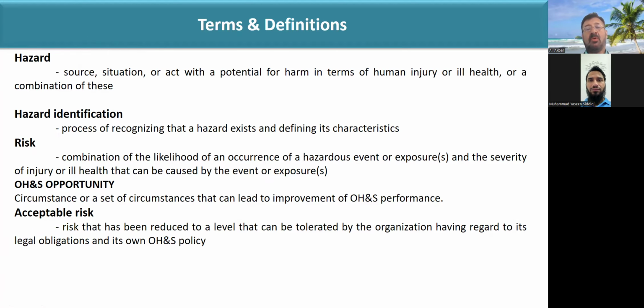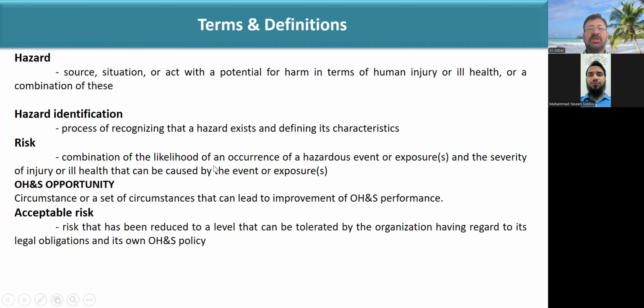The people who underestimate the hazards are always in problems. If we underestimate the hazards, then we will be in trouble. Because the hazards sometimes create too much problem for us.